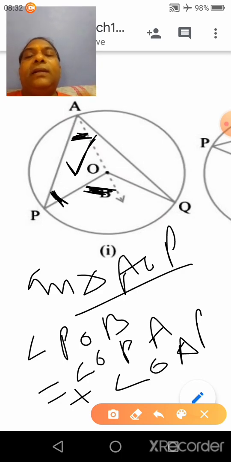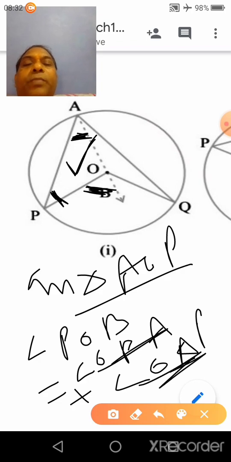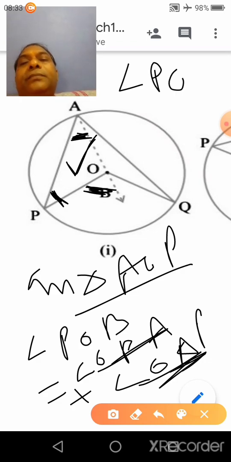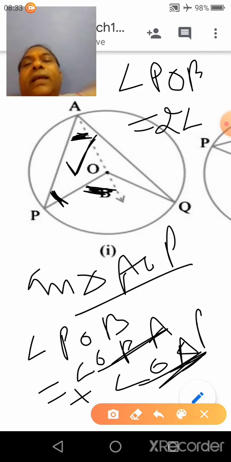We know that. And OAP is equal to OPA. We know that. So we can write angle POB is equal to twice of angle OAP. You can write it because OPA is equal to OAP.